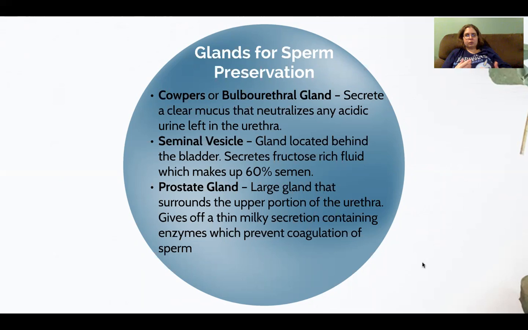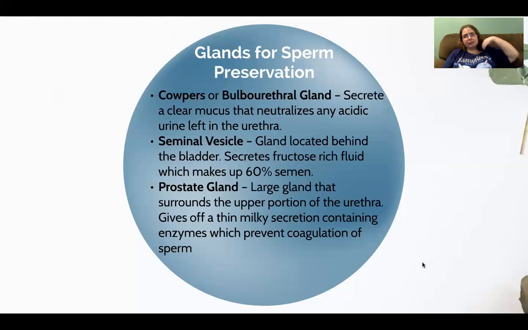Now, the reason why it does this is because it provides, one, lubrication, and a medium for the sperm to flow through and swim through, but it also provides some nutrients for the sperm as well. Sperm can actually survive up to 3 days in the female's body before the female's body heat breaks it down. And one of the reasons why it can survive up to 3 days is because of this fructose-rich fluid.